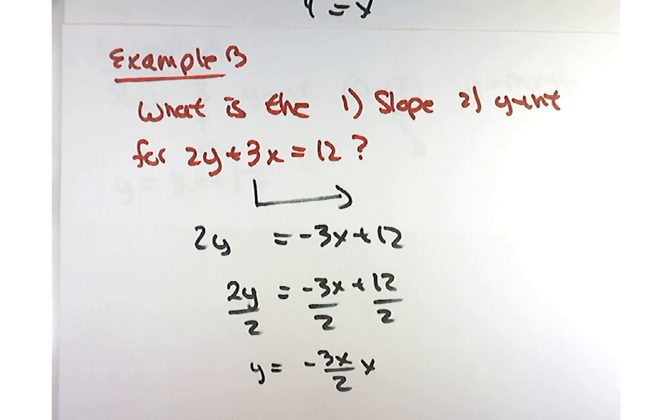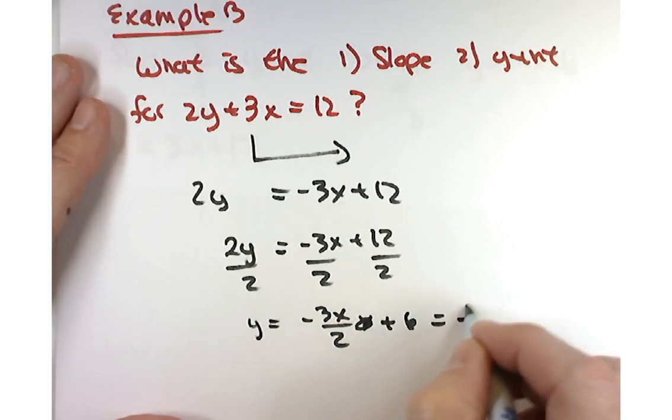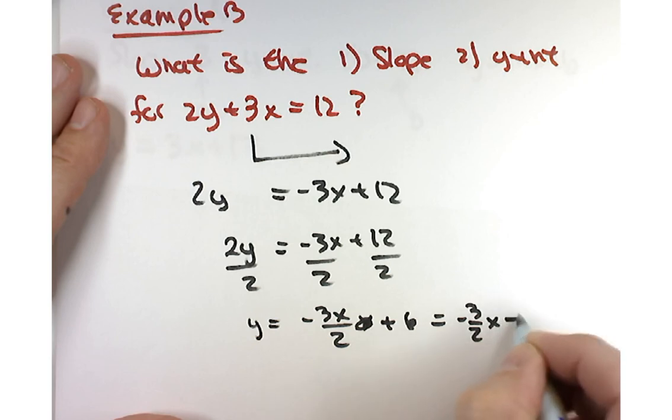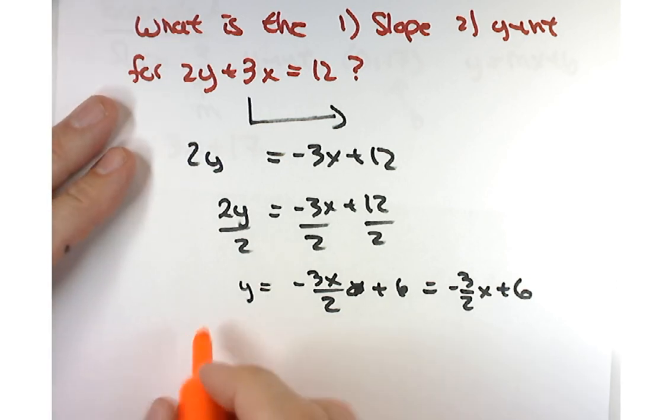Plus 6. Or you could write it as -3/2 x plus 6. Either way, the slope of the line and the y-intercept now are apparent. So, Carvel, what would be the slope here, please?